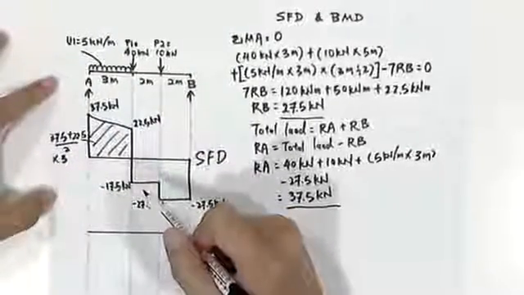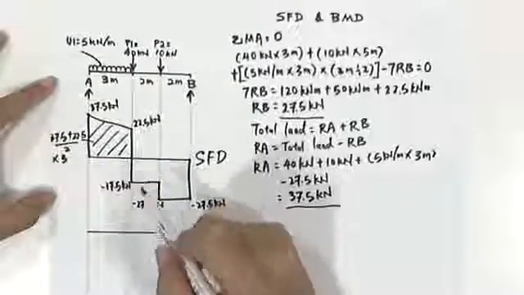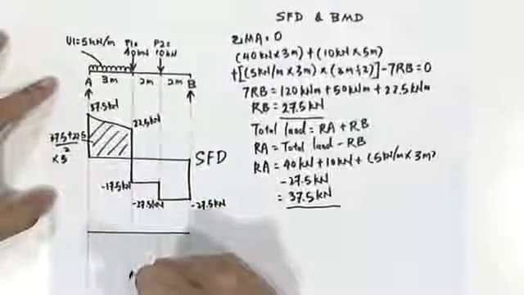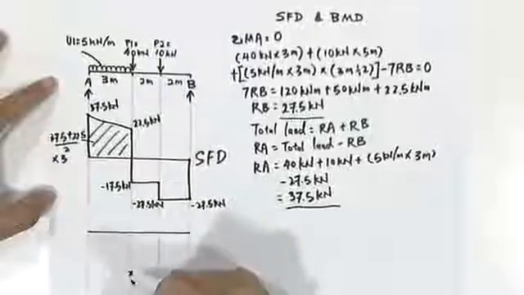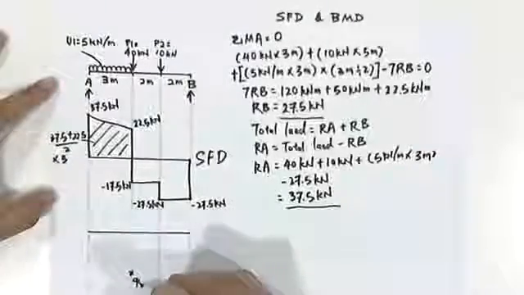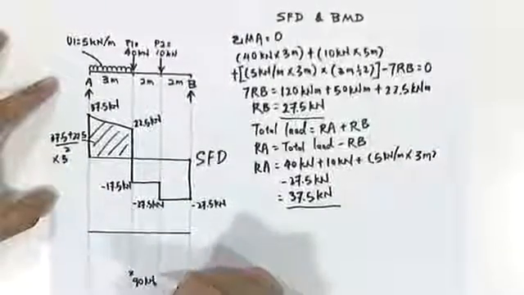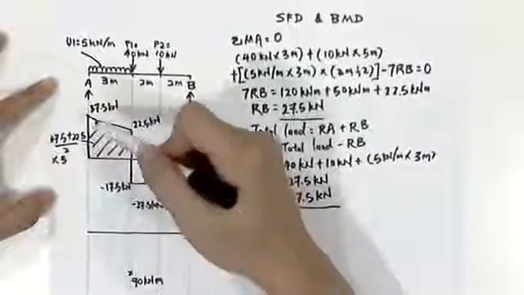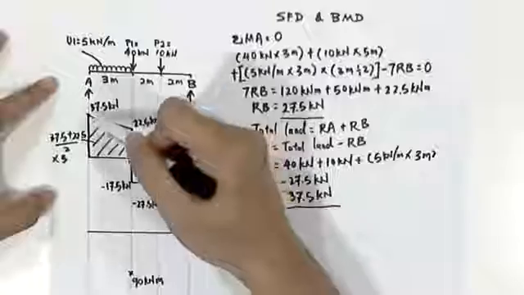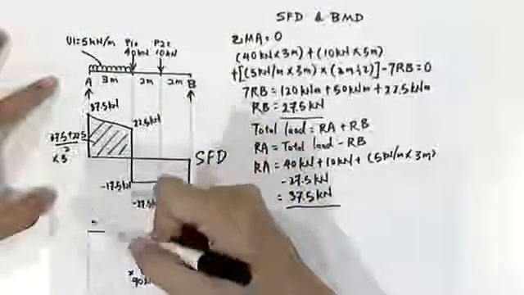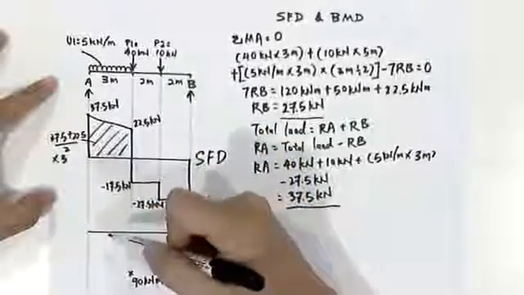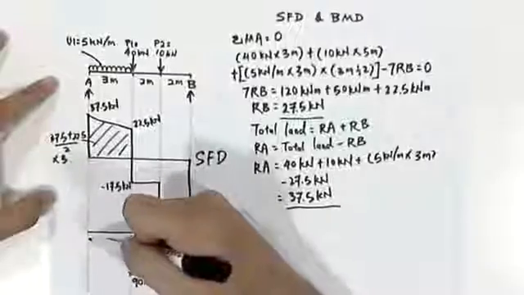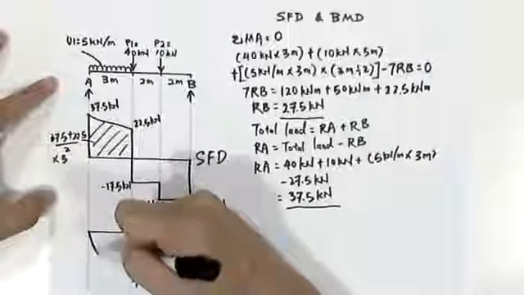The answer will be 90 kilonewton meter. By looking at this diagram, if the line here is a linear line, in the bending moment diagram we'll draw a curved line.